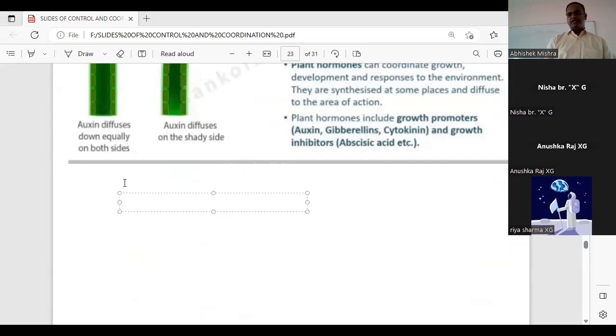First of all, you will be asking, what is a hormone? Actually, students, you know this from class 8 also. You have studied the hormones. Hormones are chemical substances which are responsible for the growth and development of the body. If you are talking about the plant hormone, we are directly saying plant hormones.